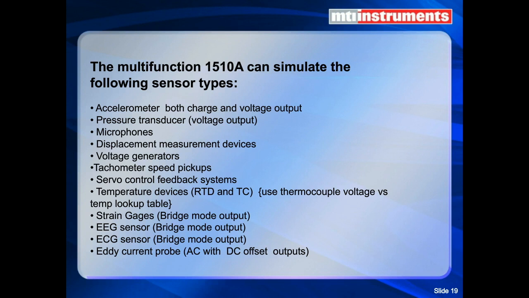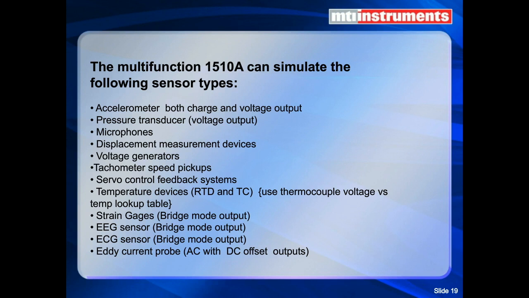The sensor signals that you pick up off the human body are very, very small, and they need to be precisely set. Another advantage for simulating these signals is that the 1510 is battery powered, so you can disconnect it from the AC mains, and that allows you to float the signal generator from the land-based power supply, 60, 50 cycles that you might pick up and mix in with the signals accidentally.